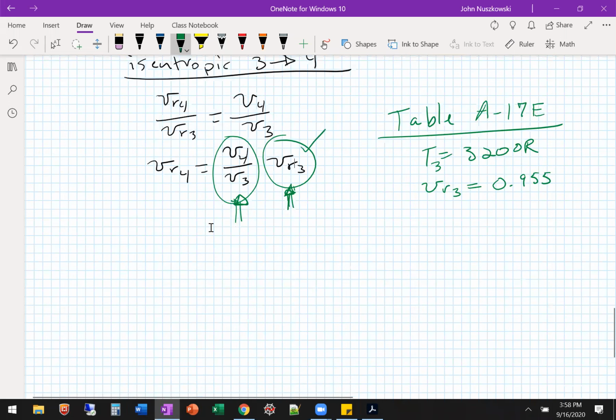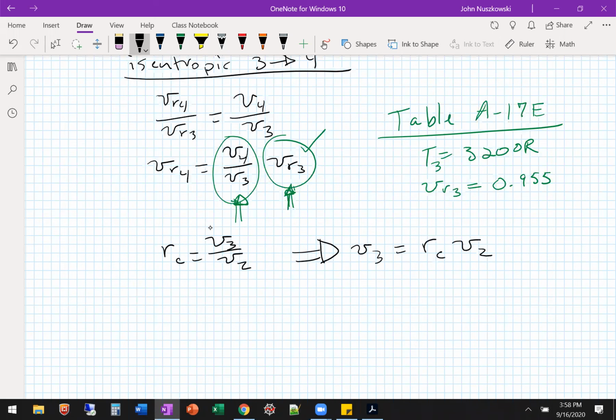Now this is where we got to use the cutoff ratios. So the cutoff ratio is V3 over V2. If we rearrange for V3, we have this.